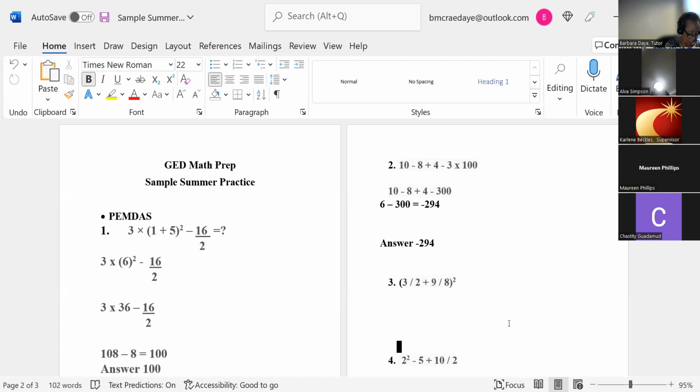Could it be 3/4? No, not 3/4. It's a bigger number than that. Oh, okay. I get 21 over 8 before using the 2. I add the 3 over 2 and 9 over 8, and it gives me 21 over 8.